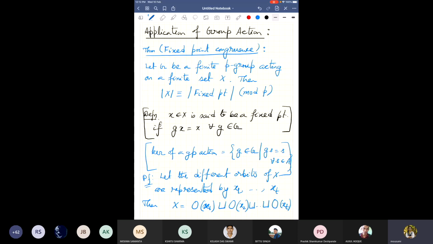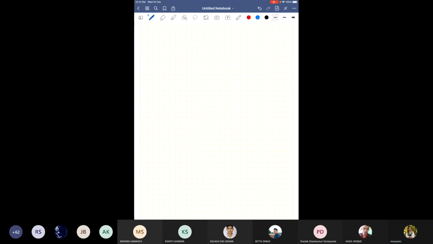Now, what is the cardinality of the orbits? The cardinality of the set is the sum of the cardinalities of the orbits, correct?